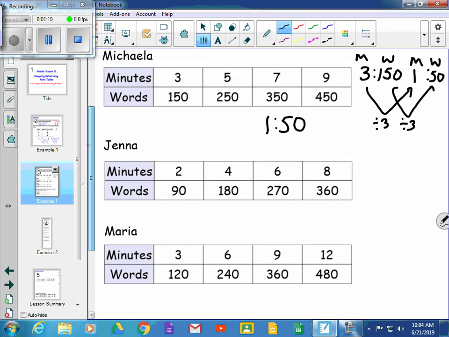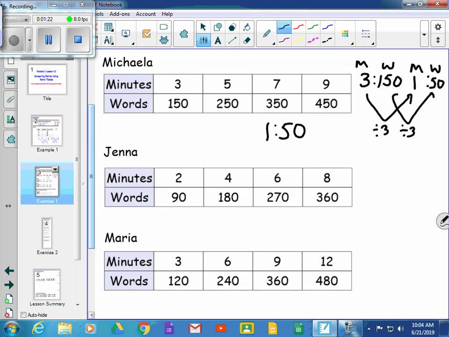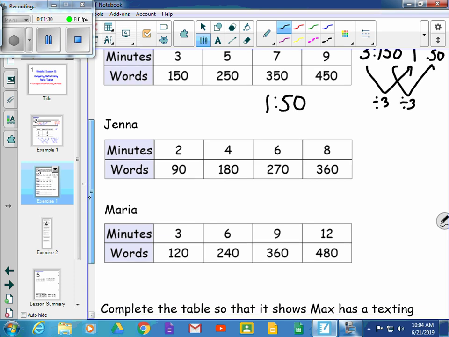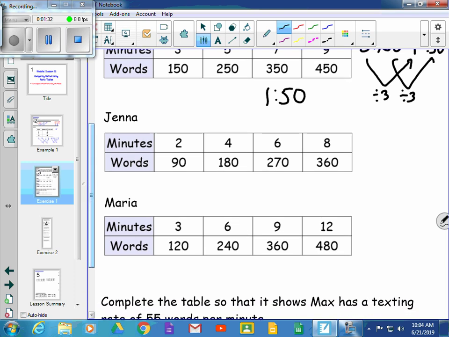If we think about what that means before we go on, Michaela, for every 1 minute that she texts, she can do 50 words. Now let's look at Jenna. I'm going to pick one of those. I'm going to pick the 2 to 90. In 2 minutes, she can text 90 words.